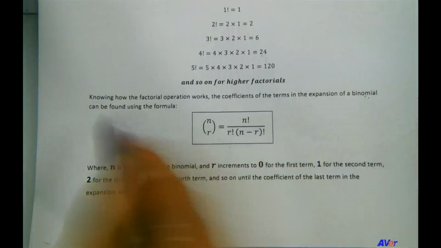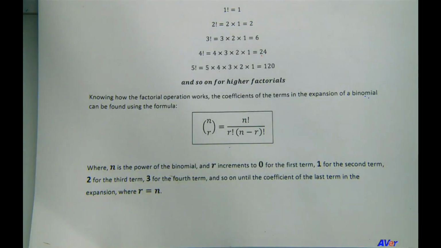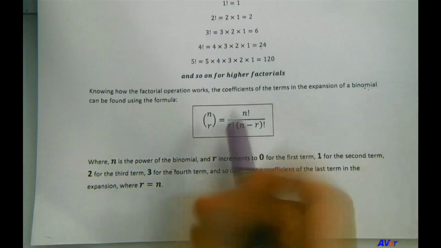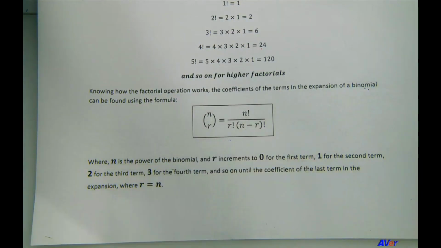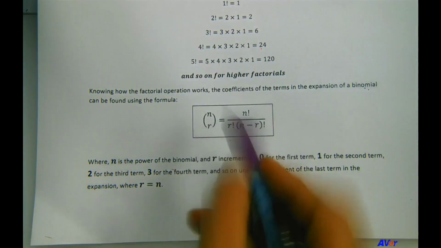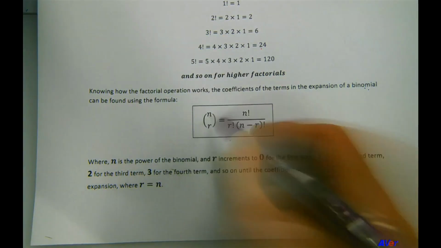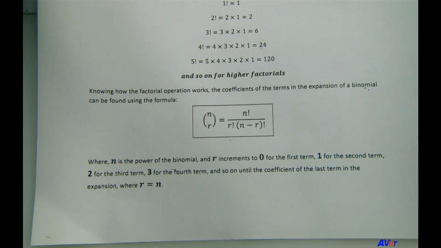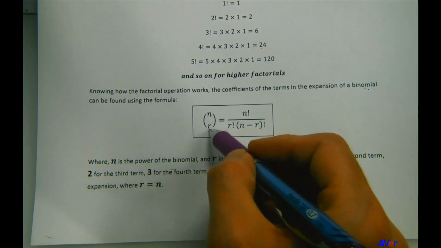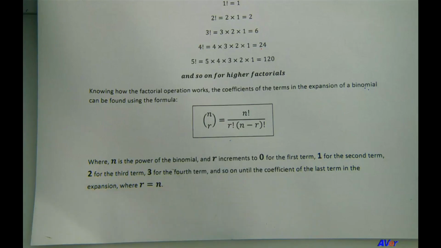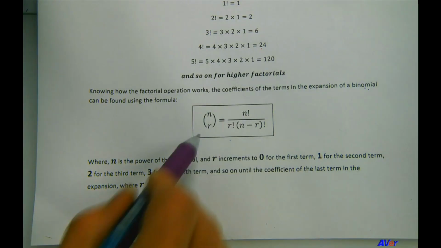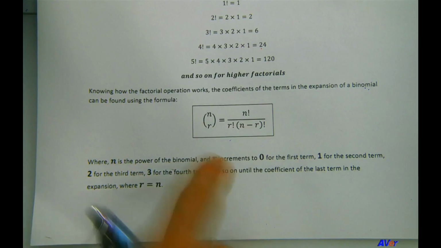So now that we know how to calculate factorial, the binomial coefficient can be calculated using that. So what are n and r? N, as you know, is the highest power of the binomial, whatever the power is on the outside: 4, 5, 6, 7, 8. And r is the term that you're calculating; r begins the incrementation with 0.